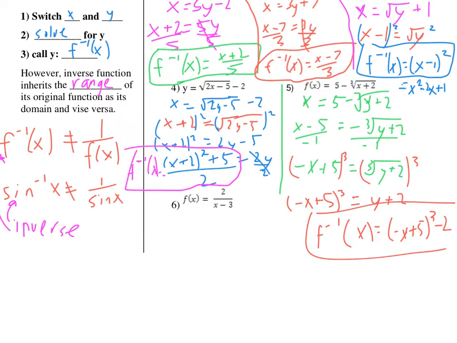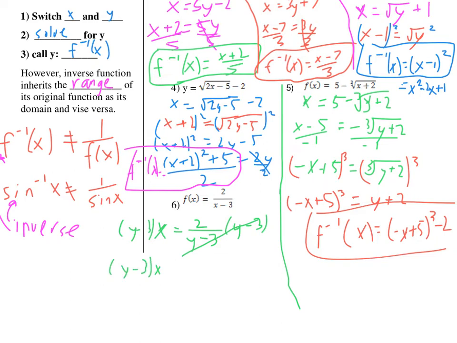Okay, lastly here, let's go ahead and tackle number 6. So for number 6, once again, just switch x and y. And then you can multiply both sides by y minus 3, because I don't want to isolate something in the denominator. So this will cancel out. There's actually a couple ways to go from here. You could distribute that x in.